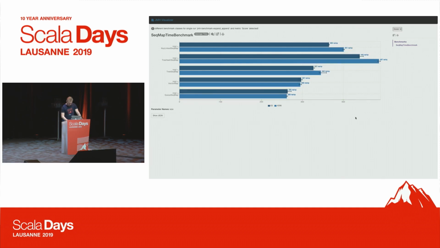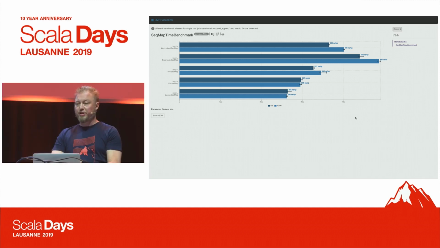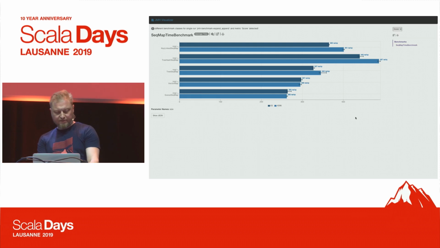And appending is really fast for almost all of them. List map is not included in these, because if you include list map on the operations where it's not any good, it's so slow that it skews the whole result. You see nothing else except list map. So I've excluded that from my runs.